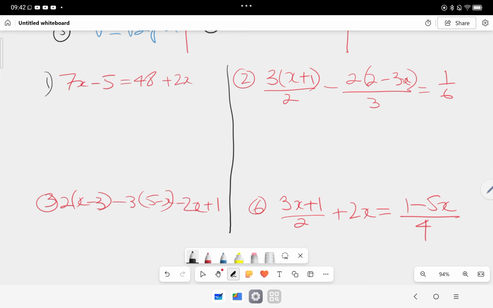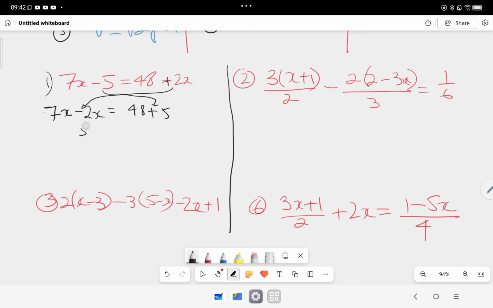So let's start with this one. As I said, bring the variables to one side by changing the sign. If this one comes to this side, it will be minus 2x, and 48. This one comes to this side, it will be 5. So this is coming here and this is going there.